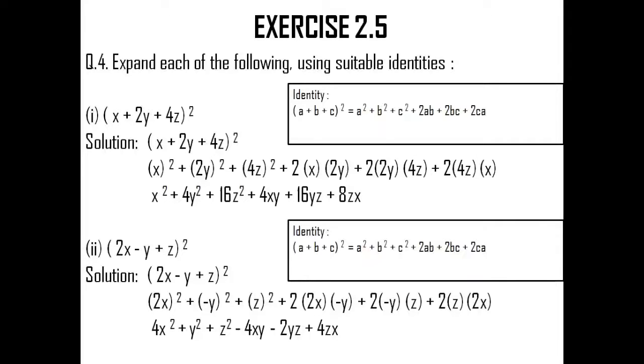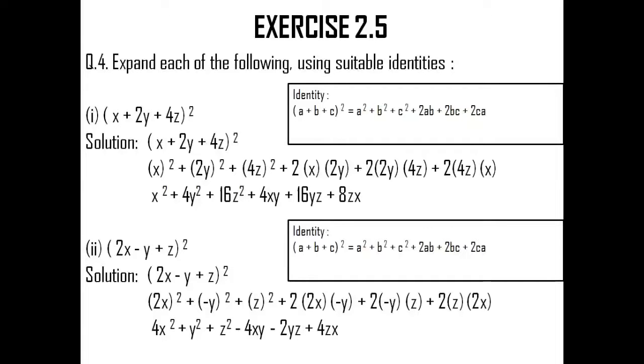Now, as you could see over here, in the second line of the solution for the first question, all that I did is, instead of a square, I wrote x the whole square. Plus, instead of b square, I wrote 2y the whole square. Instead of c square, c is replaced by 4z. So, 4z the whole square.